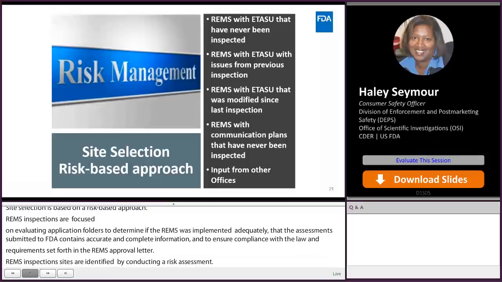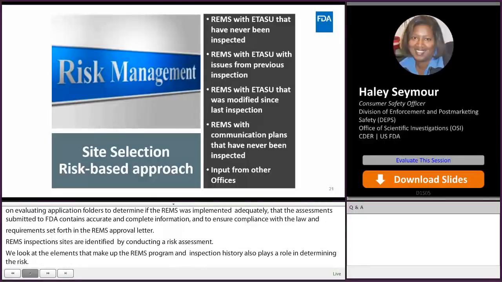We give an emphasis on inspection applicants with REMS with elements to assure safe use which have never been inspected, and also REMS with elements to assure safe use with observations on previous inspections, and that may increase the priority of the inspection candidate.